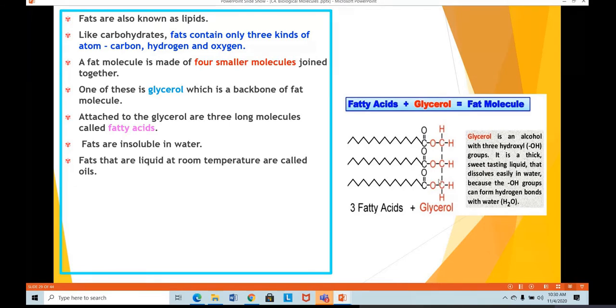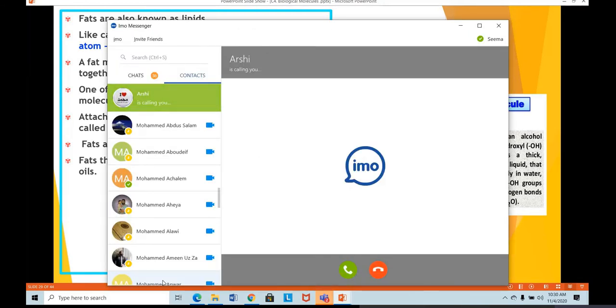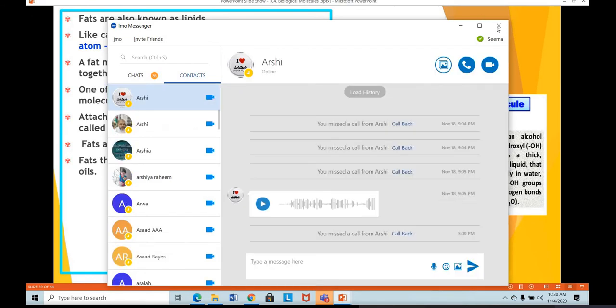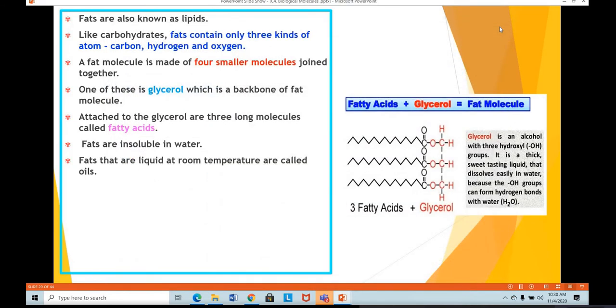If you're being asked about the composition of a fat molecule, you will say it is made up of fatty acids and glycerol. Glycerol is an alcohol with 3 hydroxyl groups. It is a thick, sweet tasting liquid which dissolves easily in water. When it combines with 3 fatty acids, it becomes a fat molecule.